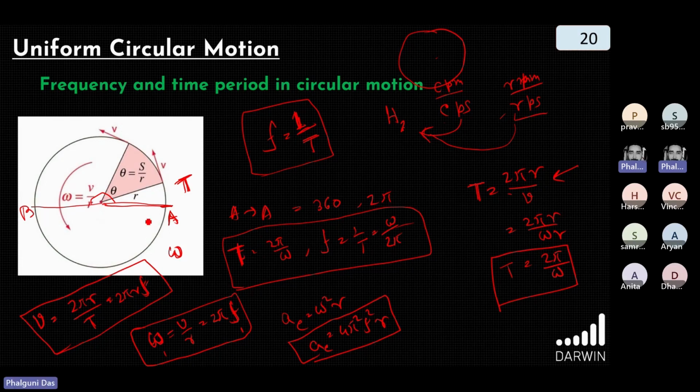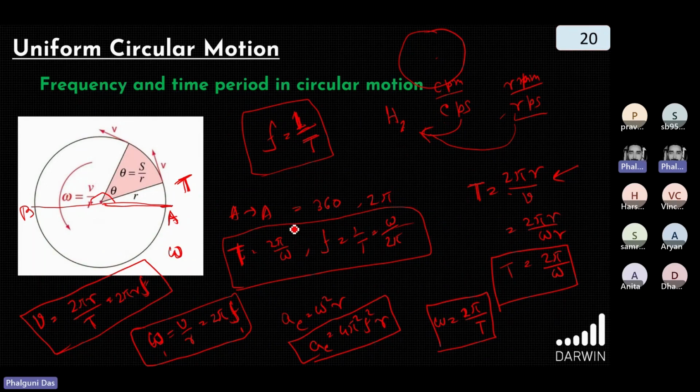Now these are the relations for v, omega and acceleration in terms of frequency. The same thing can be done in the case of time period as well. To find that, we just have to put f equal to 1 by T. So omega can also be written as omega equal to 2 pi by T. That is one relation.